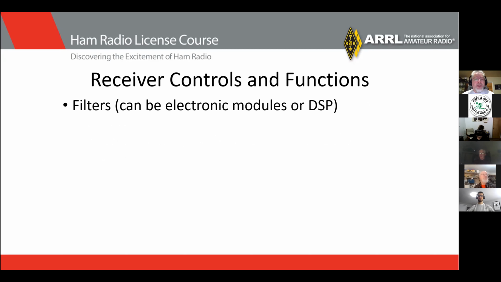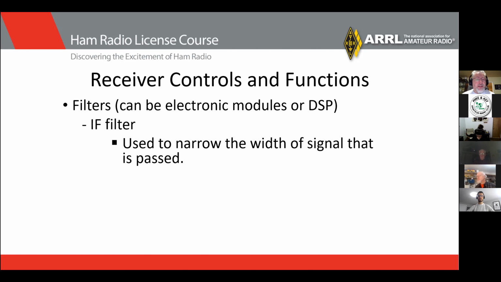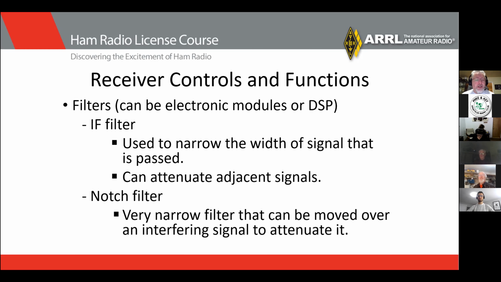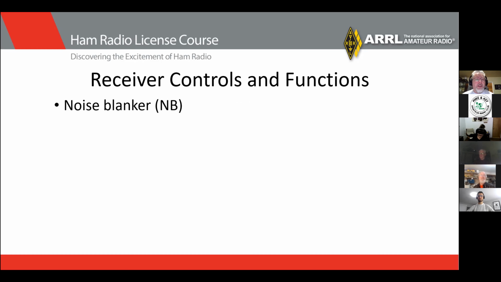Filters can be electronic modules or DSP, digital signal processors. An IF filter can be used to narrow the width of a signal that is passed and can attenuate adjacent signals. A notch filter is a very narrow filter that can be moved over an interfering signal to attenuate it.